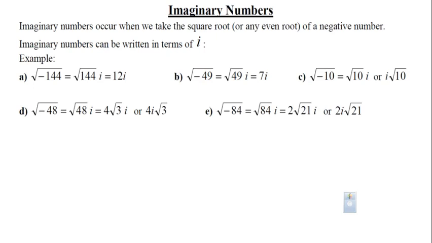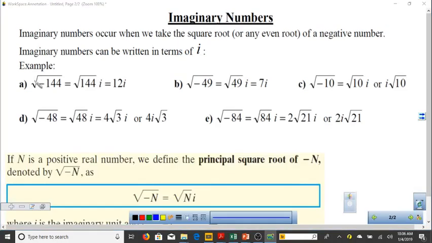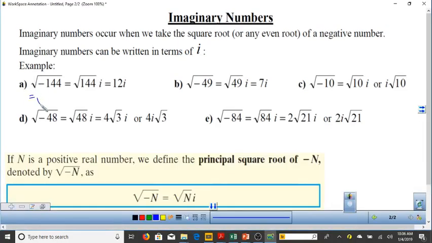And so we have this rule here that since i squared is -1, the principal square root of -1 would be i. As an example here, the square root of -144 is the same as the square root of 144 times the square root of -1.